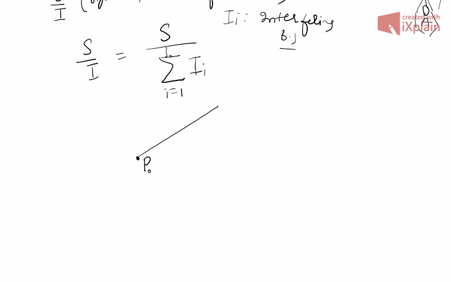Now at a distance, suppose D, what will be the power? In general, power decays. So power at distance D, I will write like this. It is proportional to P0 divided by D to the power n, where n is some exponent, called the path loss exponent.